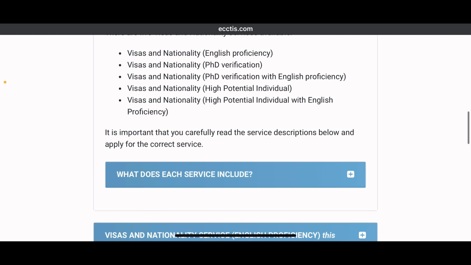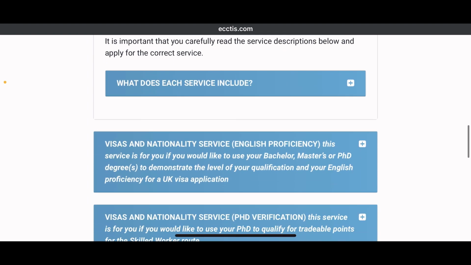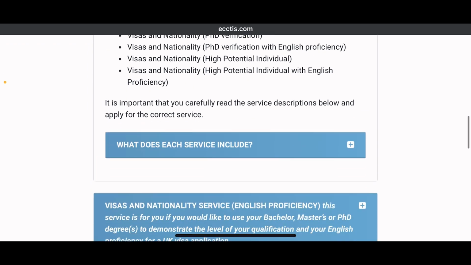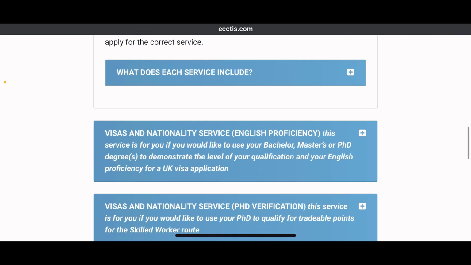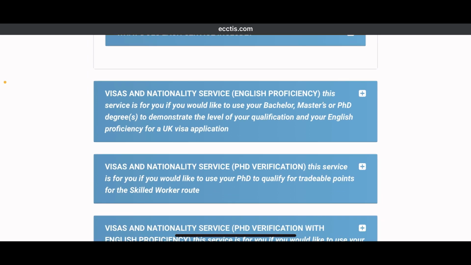It is important that you carefully read the service descriptions below and apply for the correct service. What does each service include? So for this particular one, visas and nationality English proficiency, this service is for you if you would like to use your bachelor's, master's, or PhD degrees to demonstrate the level of your qualification and your English proficiency for a UK visa application.